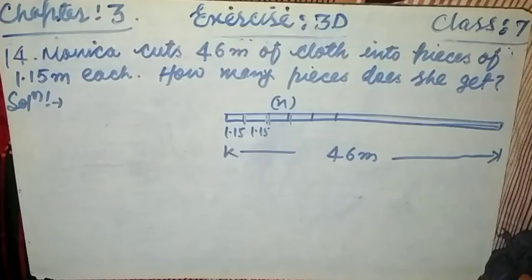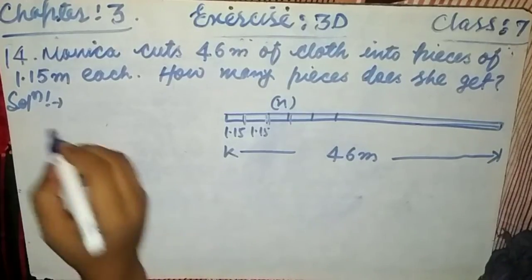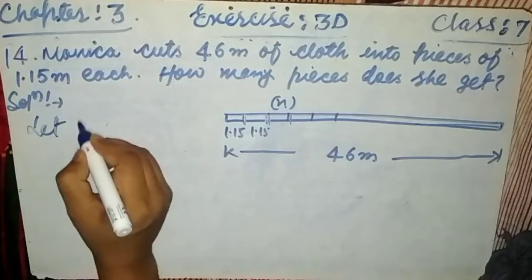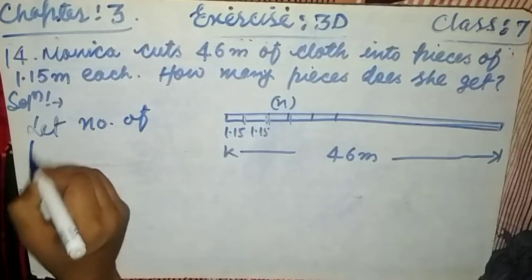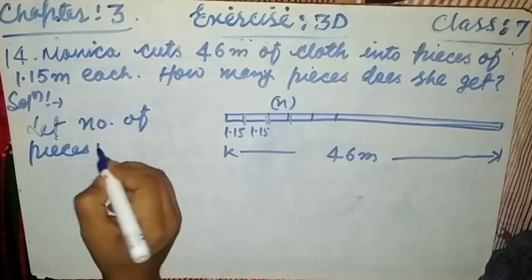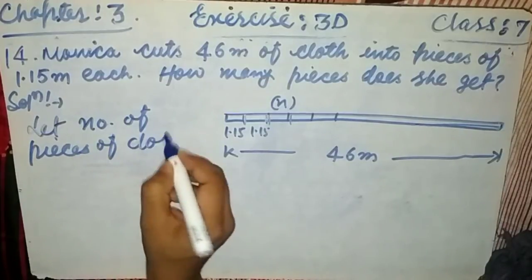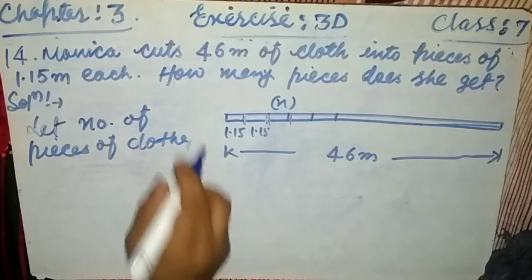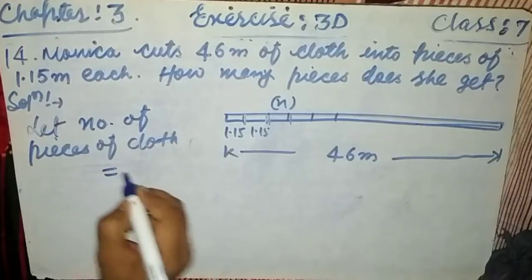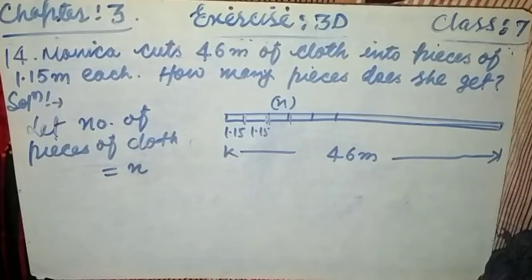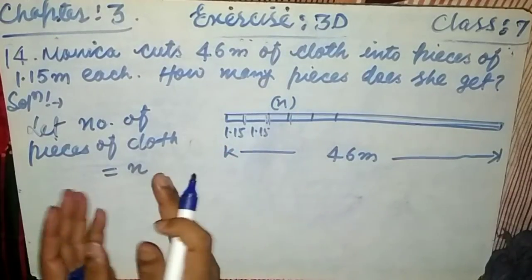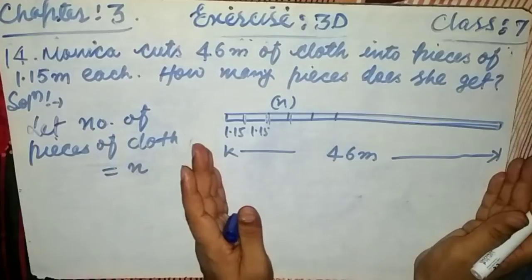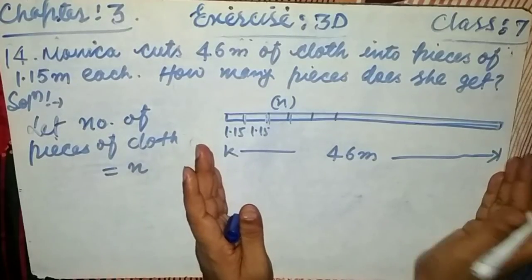Okay, now suppose the number of pieces of cloth is equal to n. If we multiply n with 1.15, this will give the total length of this cloth.